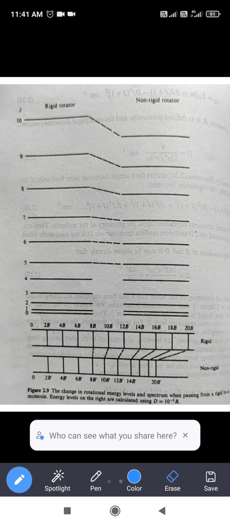You can see this is the 10th J energy level of the rigid rotator, the rotational quantum number J equal to 10. The energy level lies lower than the energy level of the rigid rotator.